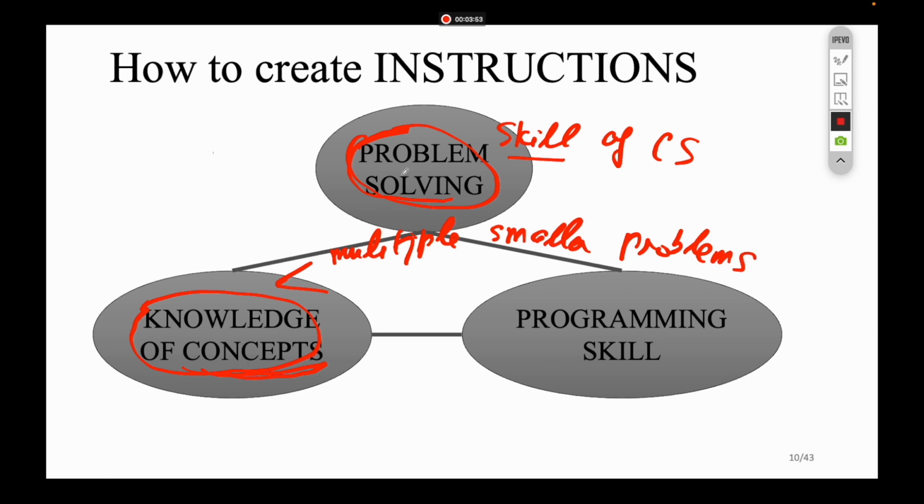And then you need to use your problem solving skills to convert the problem to a computational problem.